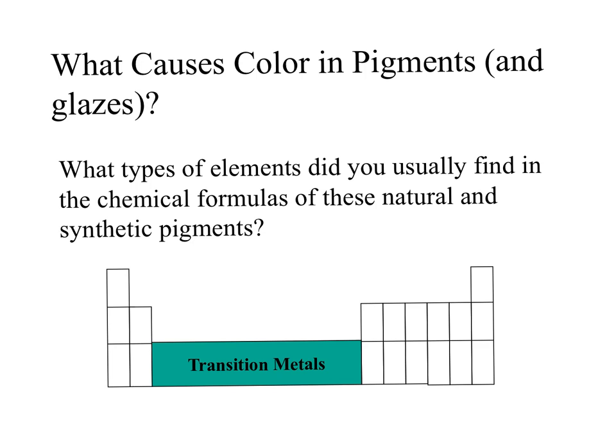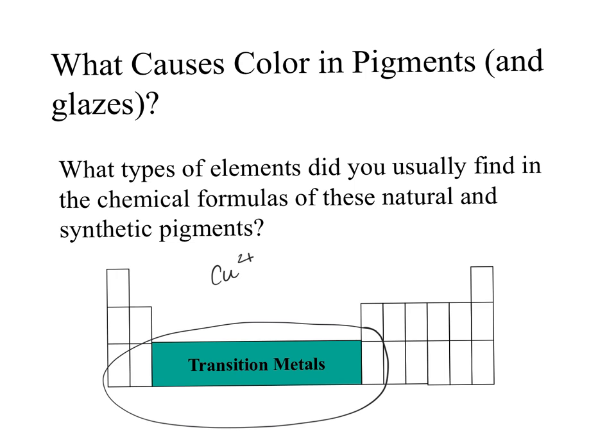And so, hopefully, at this point, you've asked yourself, what type of elements did you usually find in the chemical formulas with these natural and synthetic pigments that we looked at previously, and then glazes? And my hope is that you noticed the trend where it was mostly transition metals. So it was things like copper, right? Copper 2 plus.